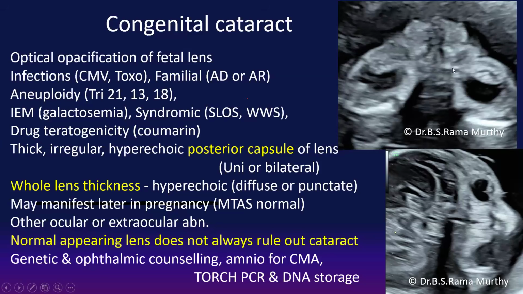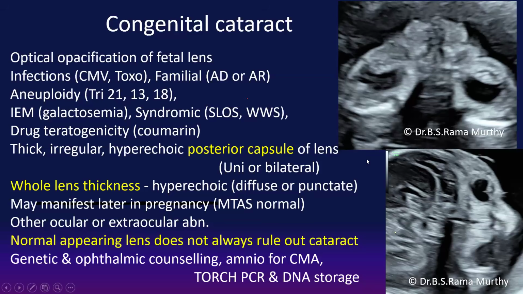So basically, the entire lens is thick, irregular, hyperechoic, and not just the posterior capsule, the whole substance of the lens can be opacified. The whole lens thickness, if it is hyperechoic, it can be either a diffuse hyperechogenicity or punctate echogenicity. And this is an evolving anomaly, especially in cases of infection or in cases of inborn errors of metabolism.